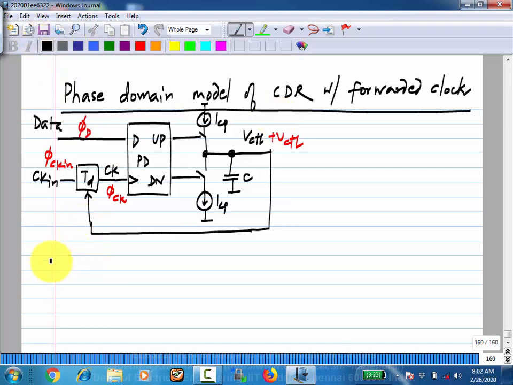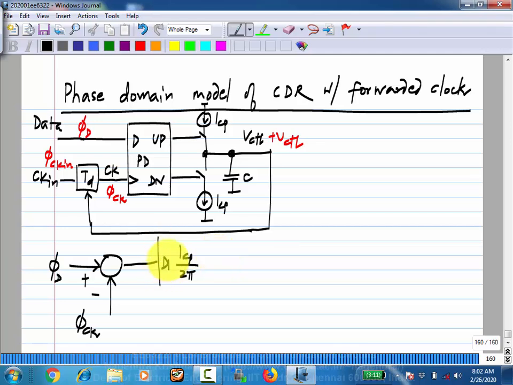So now the model was that you take the difference phi d minus phi ck, that's what the phase detector is doing, and then this gets multiplied by the gain of the phase detector, which is ICP by 2 pi. This will be the gain if you have an alternating input, that is the transition density is 1. The transition density of random data is half, and it could be in general anything, right?